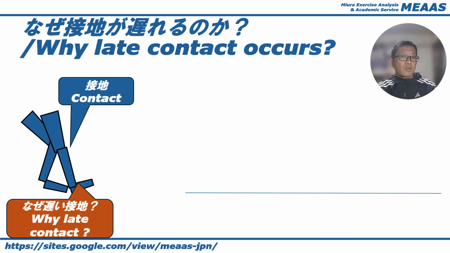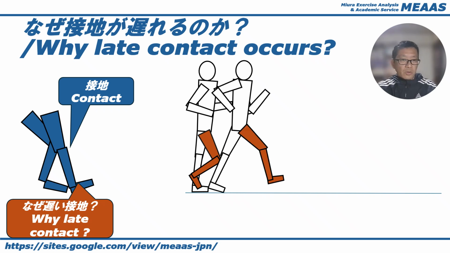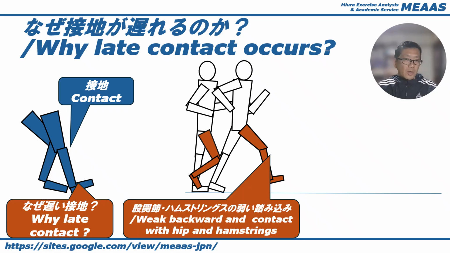Okay, let's move on to the next issue: why late contact occurs. This walker is in the vertical position and next starts to contact, but with a high knee and a high position of the lower leg.